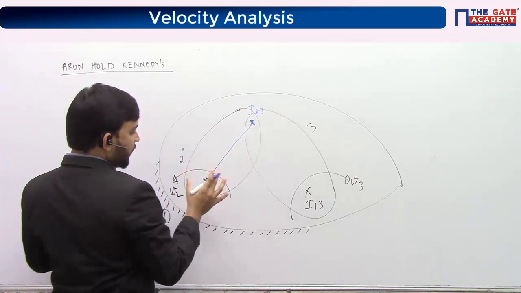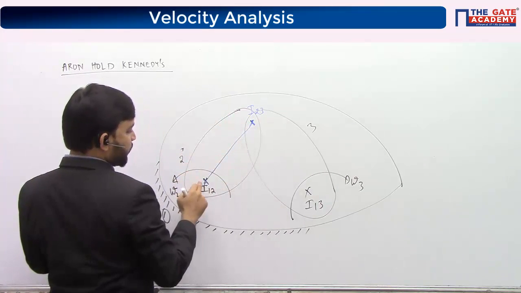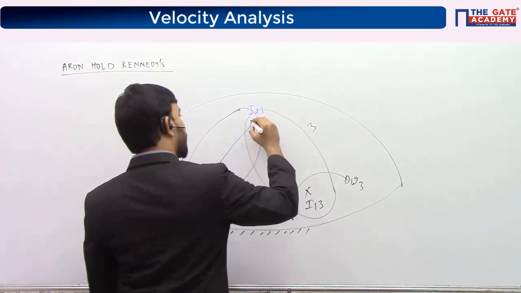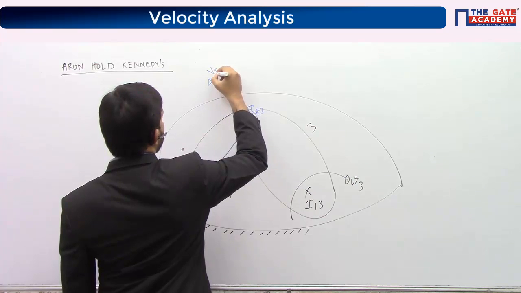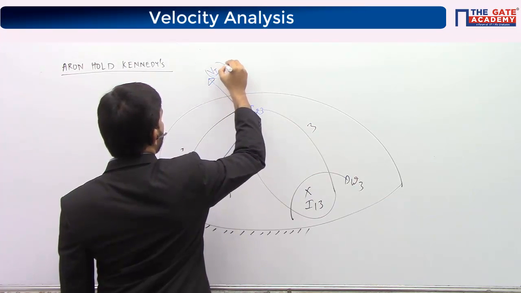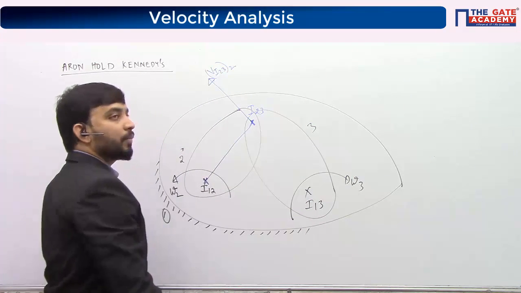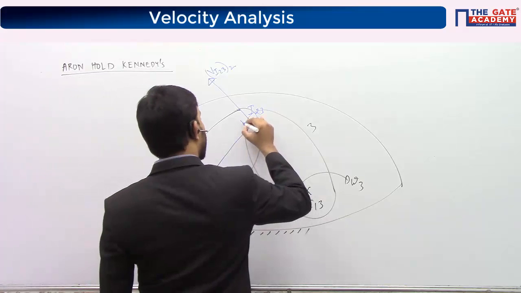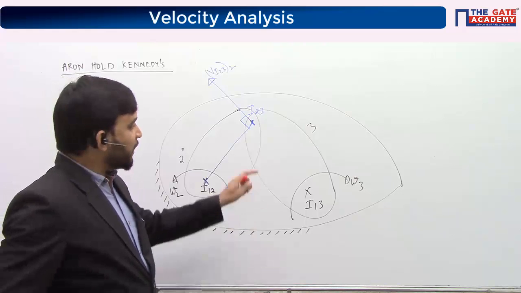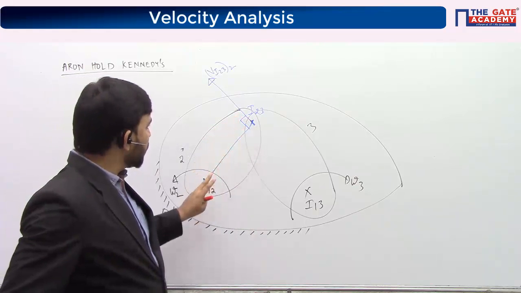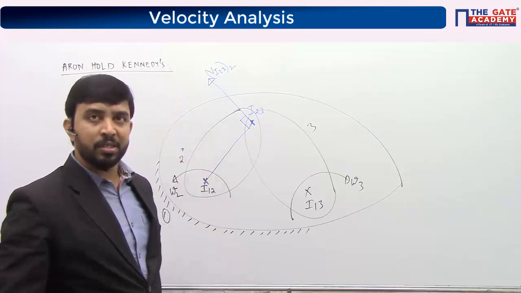At this instant, link 2 is rotating about this point. The velocity of this point will be perpendicular to the radial line. So if I23 lies on body 2, the velocity of I23 should be in this direction.